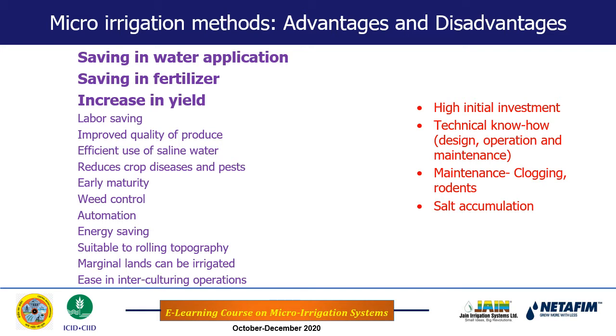Then next is the efficient use of saline water. All of us know that if we use saline water for irrigation, then the salt will be accumulated in the root zone. As the salts accumulate, if the tension increases in the root zone or moisture content decreases, then with saline water the plant is subjected to extra stress, and the plant roots cannot easily take water from the root zone, and therefore plant growth is hampered.